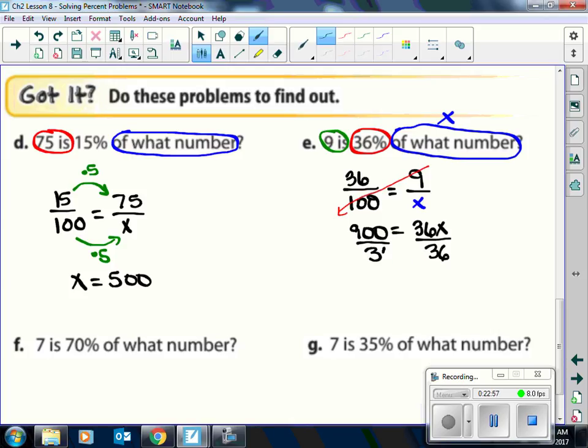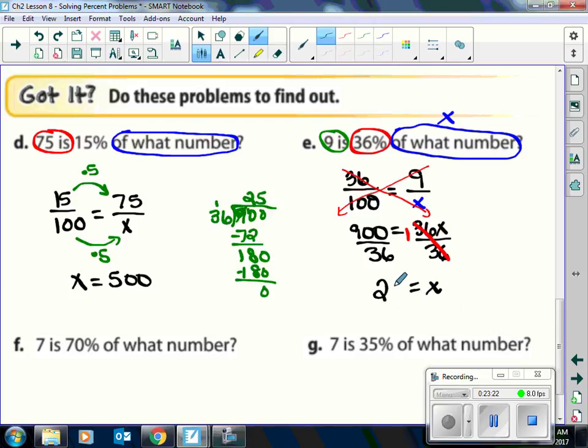So that's going to be 36. So now 36 divided by 36 is 1, right? So that's going to be 1 times x, which is equal to x. And what's 900 divided by 36? So x is equal to 25.